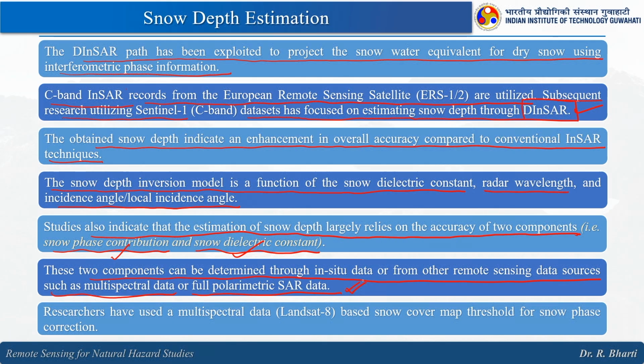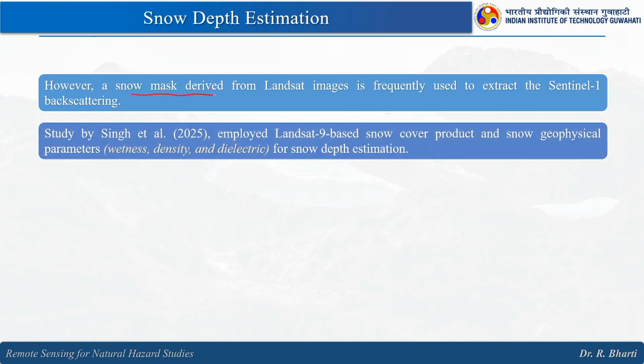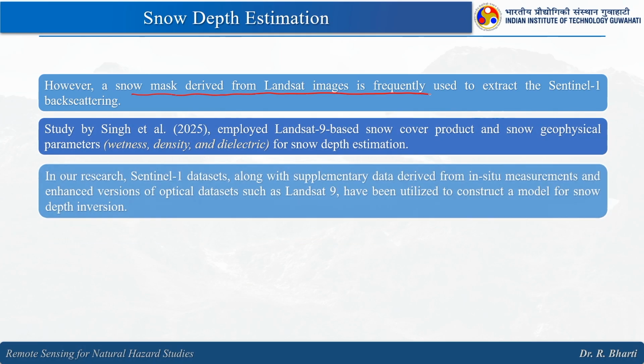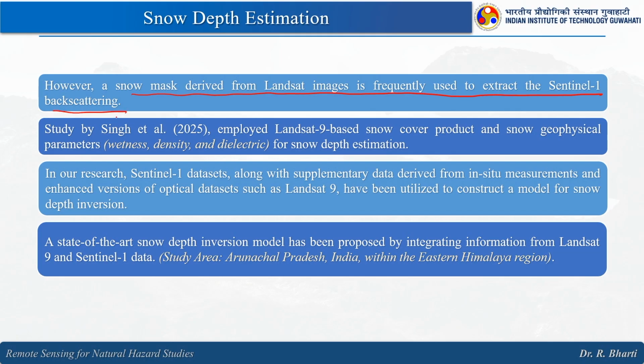So, full polarimetric means you have VV, HH, VH, HV, all the combinations are available. Researchers have used a multispectral data based snow cover map threshold for snow phase correction, right. However, a snow mask derived from Landsat images is frequently used to extract the Sentinel-1 backscattering.